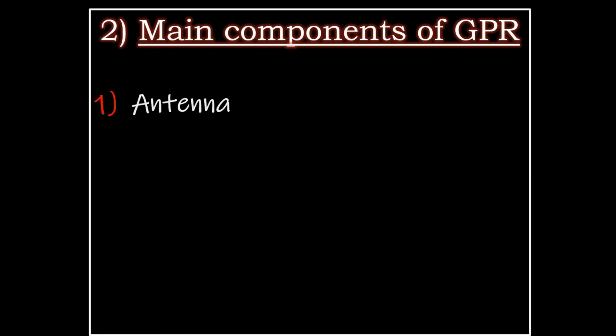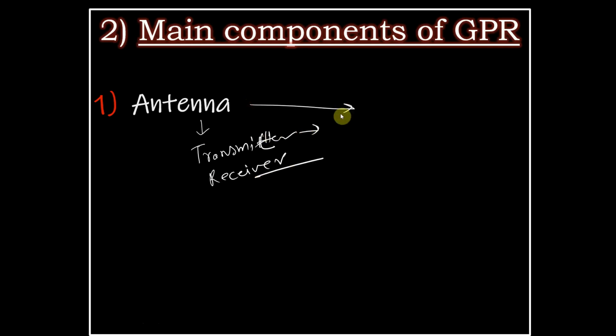Now let us discuss the antenna. What do I mean by antenna? When I say antenna, it consists of two components: one is the transmitter and the other is the receiver. The transmitter, as the name suggests, transmits the signal, and the receiver receives that signal.